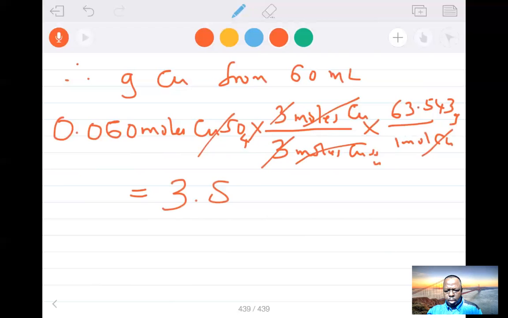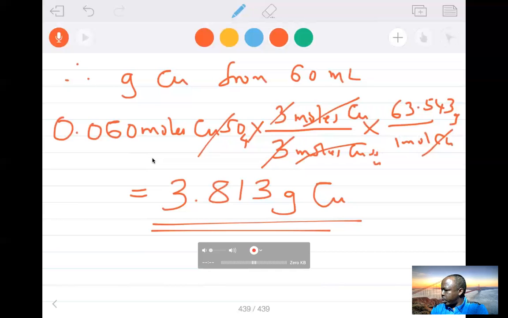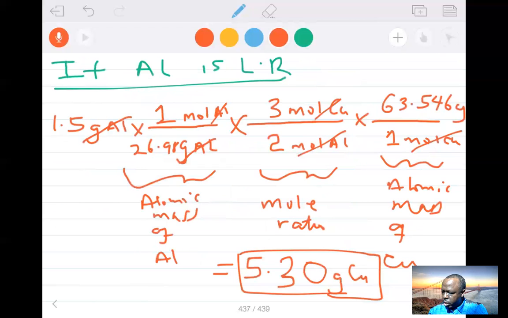This is grams of copper that will be produced when this number of moles in 60 ml of copper 2 sulfate is used. I'll compare now 3.81 and 5.30 grams.